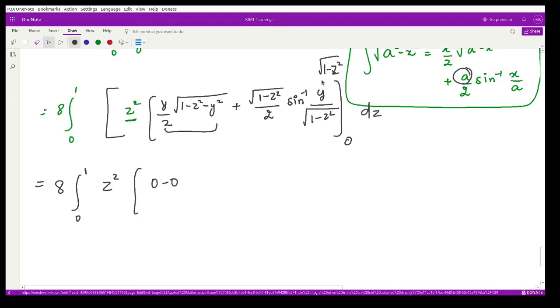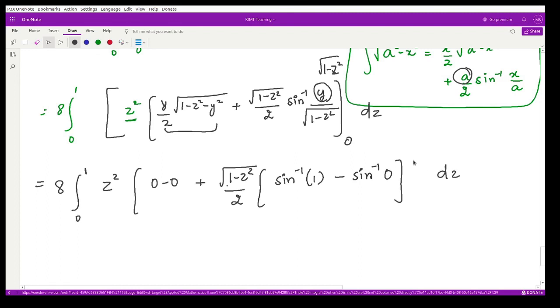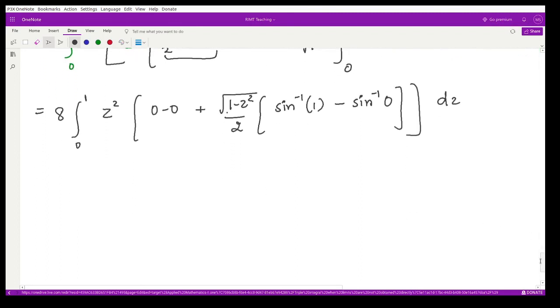And for this term, when you substitute in place of y, you have 1 minus z square square root by 2 as such, and then you have sine inverse of 1 minus sine inverse of 0 dz. So this is what you have.